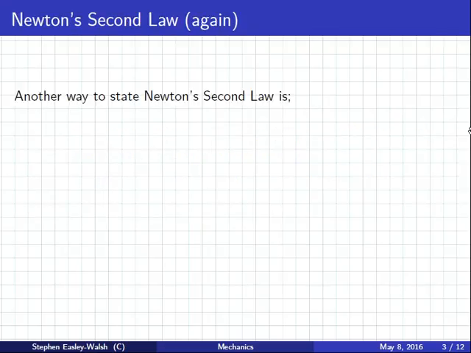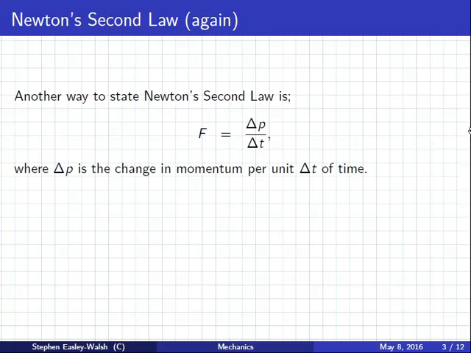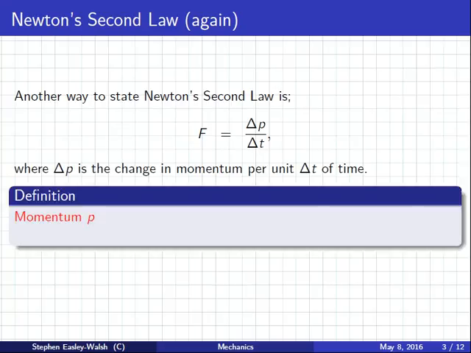Right, another way to state Newton's second law is F equals delta P over delta T. And let's explain what they are. Delta P is the change in momentum, per time. And momentum, so what the heck is momentum? Momentum is just mass multiplied by velocity.